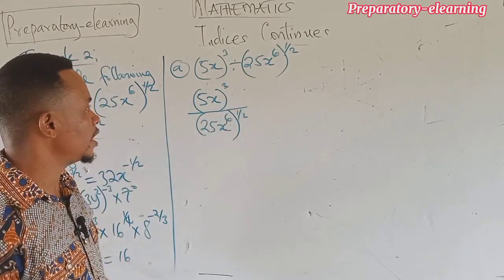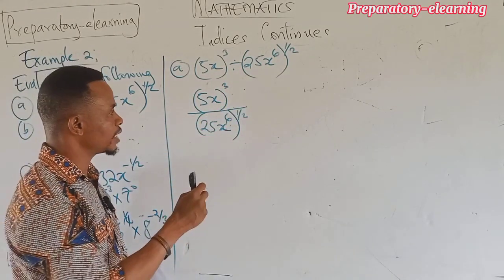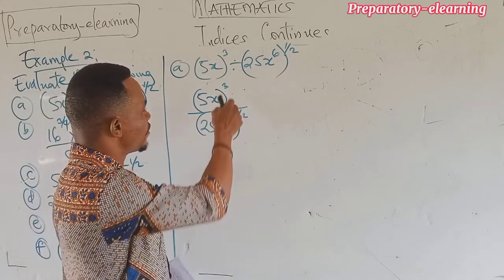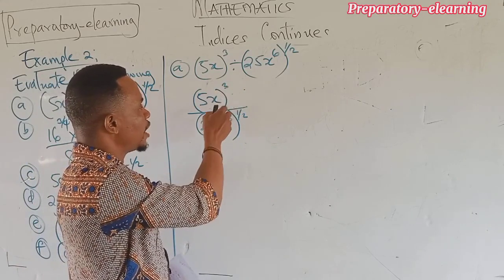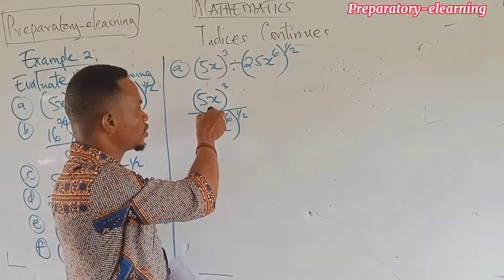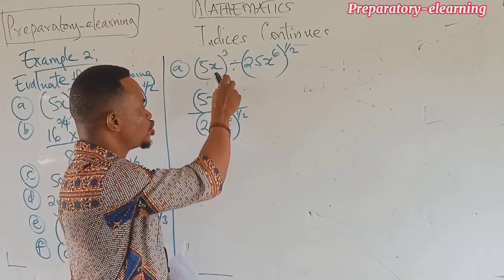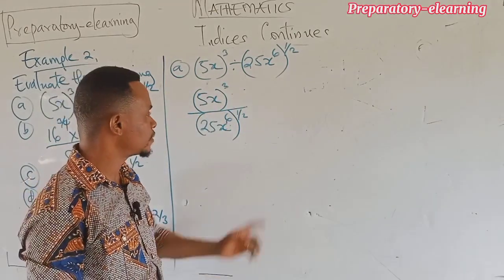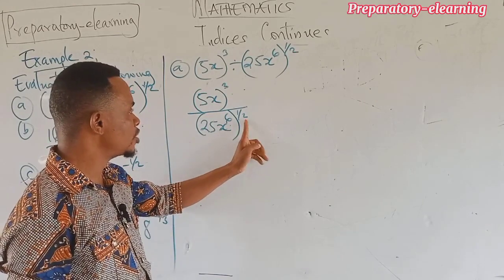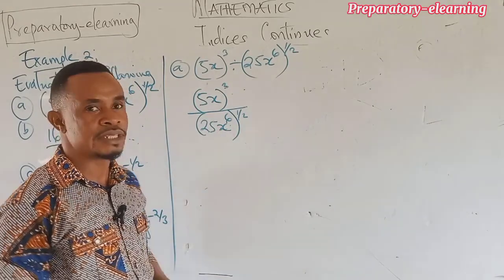Now, what do we do next? Don't forget I had said that when you have a power, this is under power law. When you have a power and you have some members in the bracket, this power distributes evenly on the elements in the bracket. Same thing here.